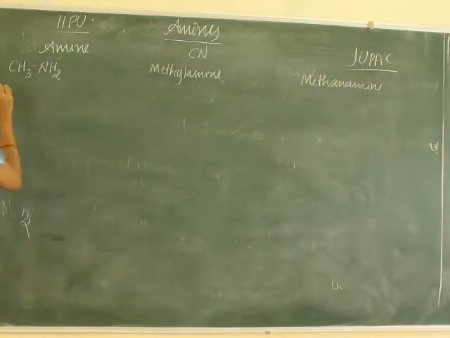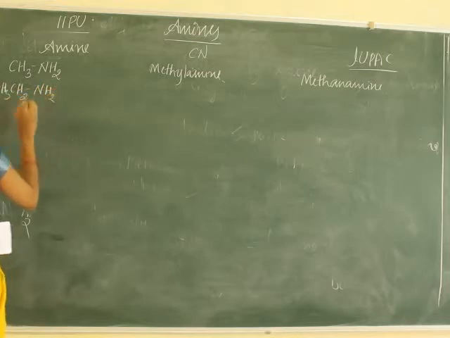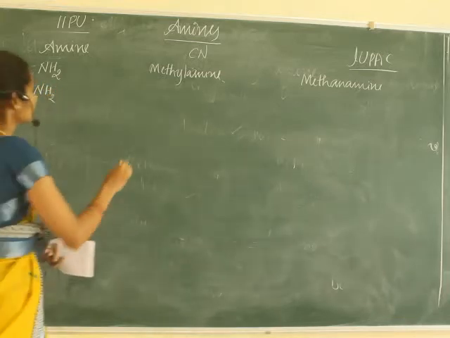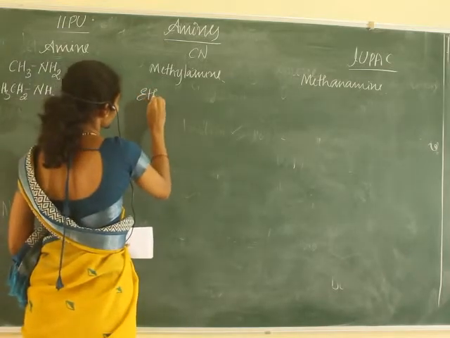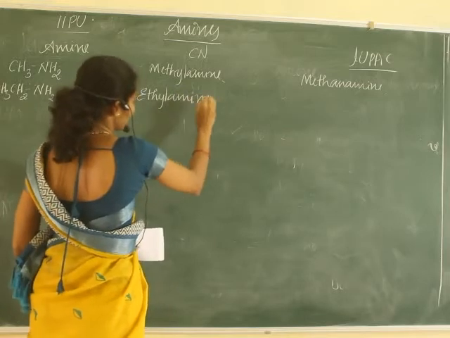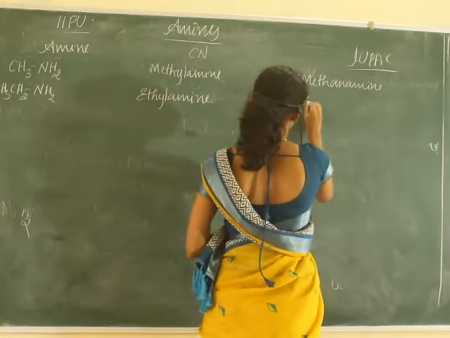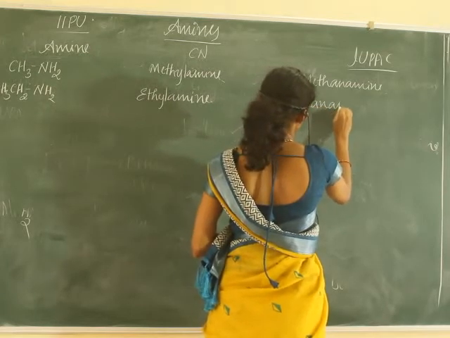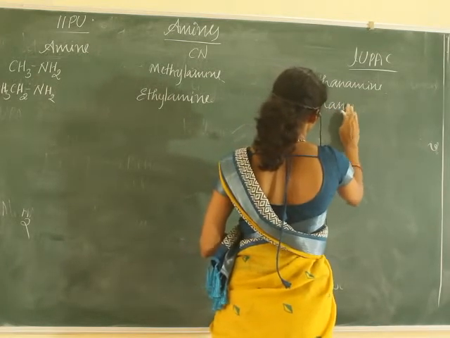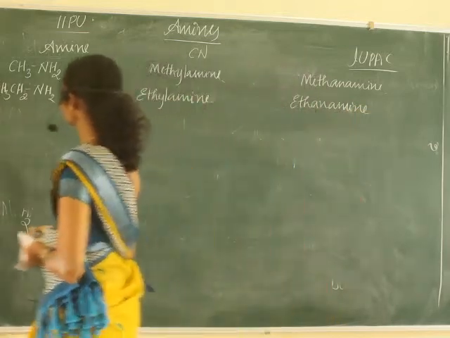Second one, two carbon atoms are there, hence the name is ethylamine, and the IUPAC name of this compound is ethenamine.